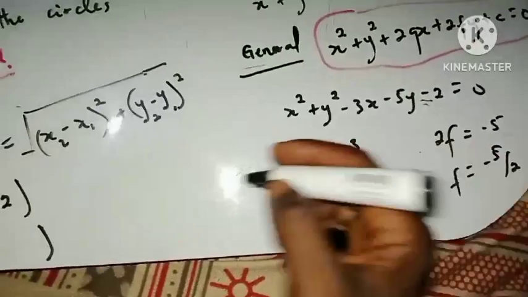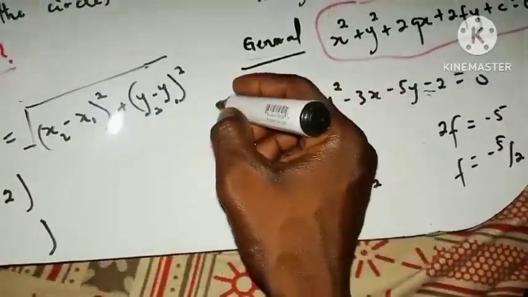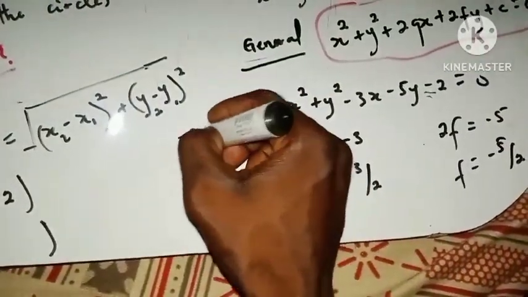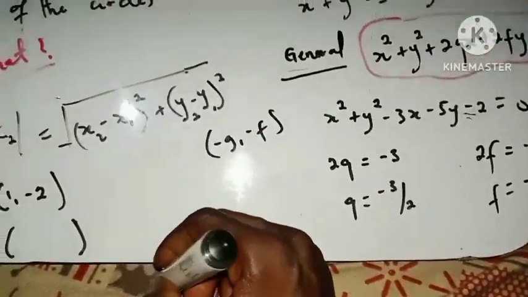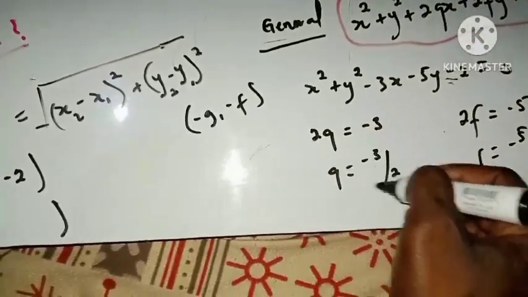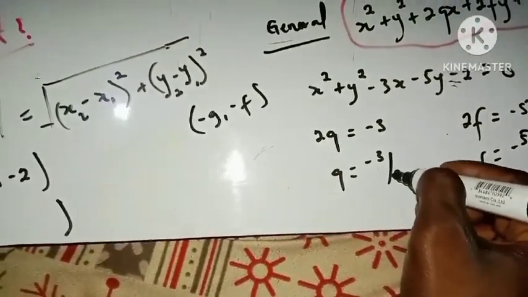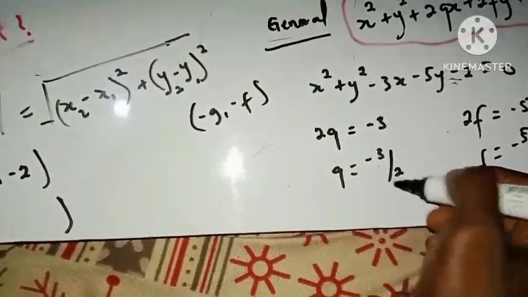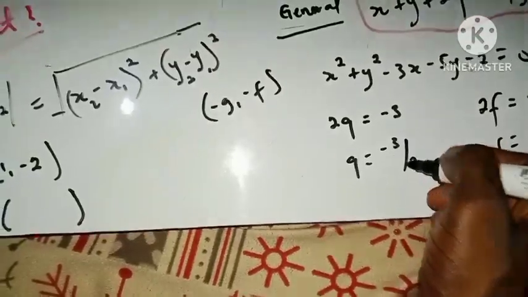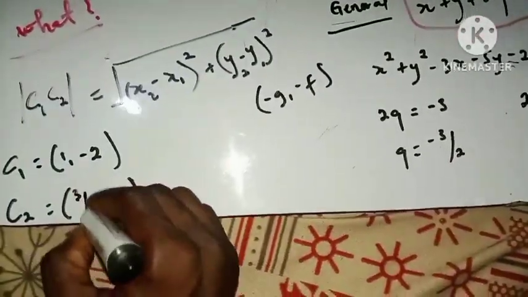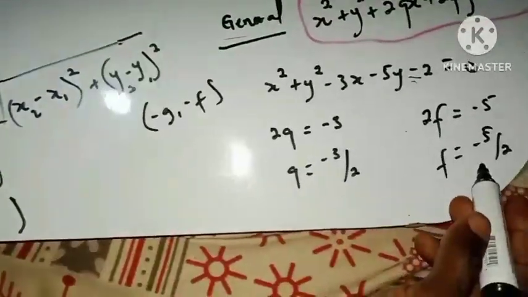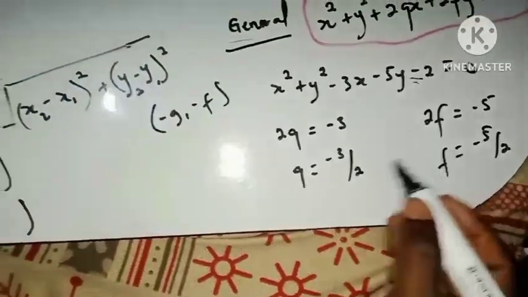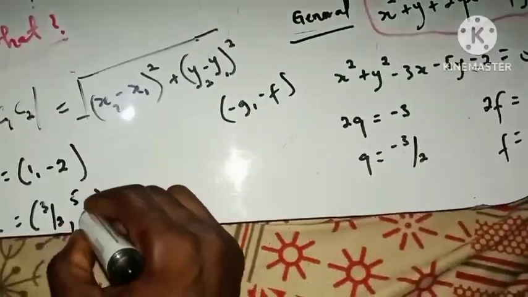Now we know the definition of the center, the earlier one that says negative g and then negative f. So that is the definition of the center. Negating this one tends to give a positive, so we have 3 on 2, and the second one is going to be 5 on 2.